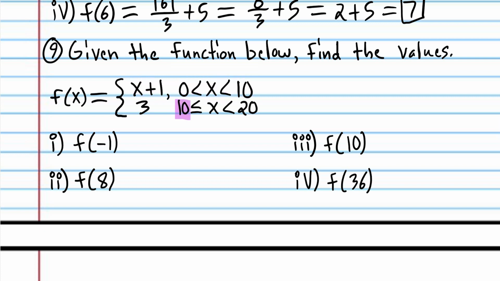When x is between 10 and 20, or equal to 10, then we use this equation. F of x is equal to 3, that is. And the top equation is x plus 1 is equal to f of x. But -1 is not in any of these intervals. So what that means is the answer is undefined. So that was kind of a trick problem.